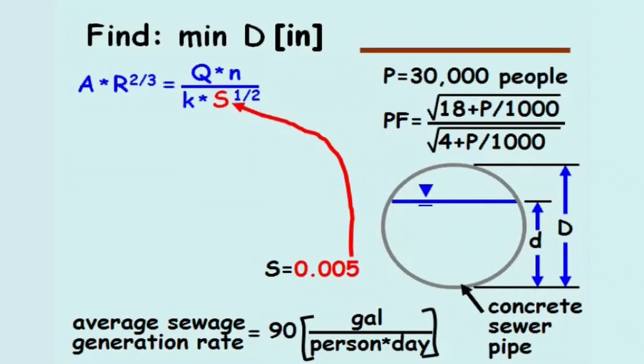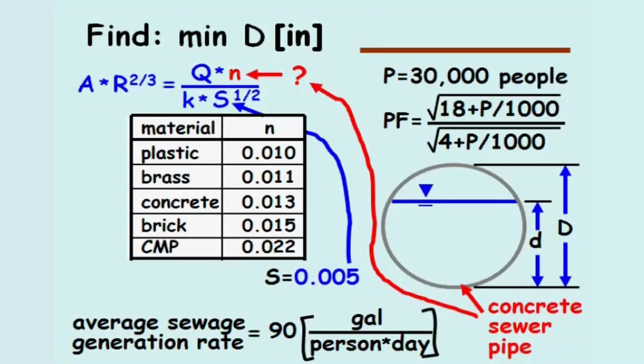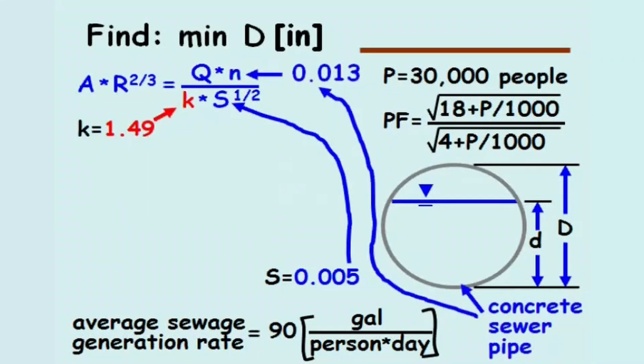The problem states the pipe is concrete, so we can look up its roughness coefficient, n, in a standard table of values. The roughness for concrete is almost always 0.013. When Manning's equation is used with English units, the value of K equals 1.486, or 1.49.